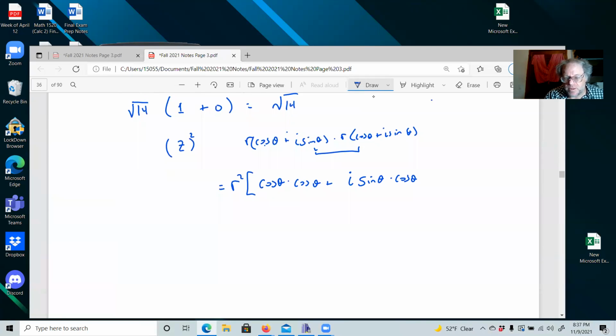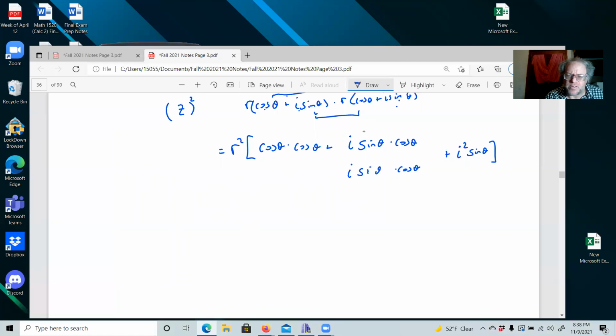When I FOIL the other way around, I've got the outside ones, which is also going to be an i sine theta times cosine theta. That's the outside parts. And then the last part is going to be i sine theta times i sine theta, so that's going to be plus i squared sine squared theta. What's i squared? It's negative 1, so let's go ahead and do this.